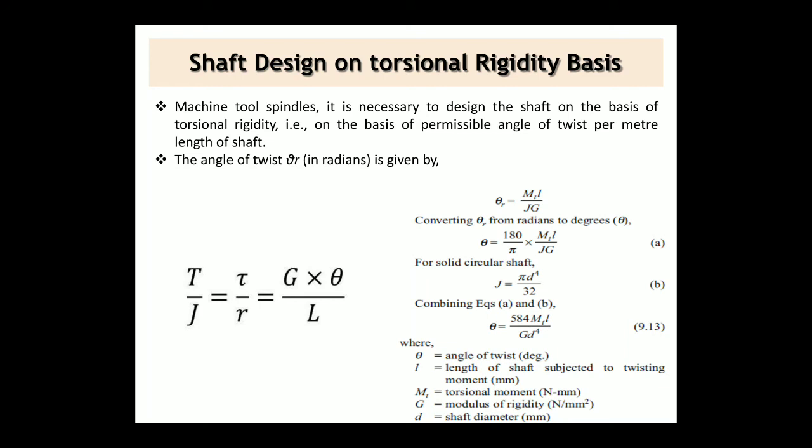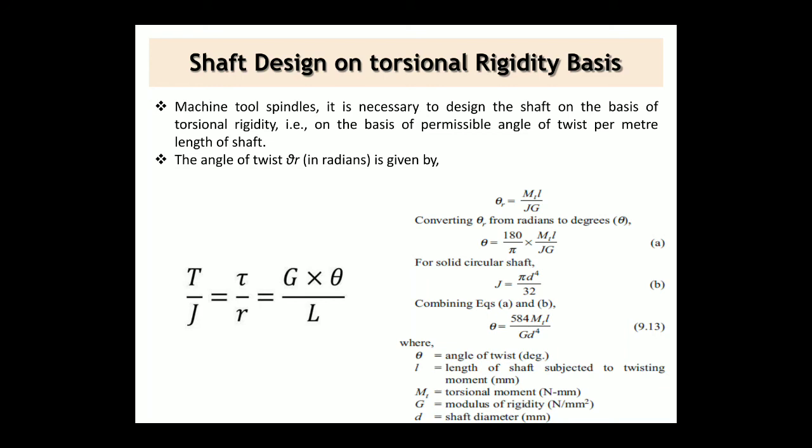For example, for a machine tool spindle, it is necessary to design the shaft on the basis of torsional rigidity. The angle of twist theta in radians is given by theta equal to M l by G J. So converting theta from radians to degree, the equation becomes theta equal to 180 by pi into M l by G J. For solid circular shaft, the polar moment of inertia J is pi by 32 d raised to 4.